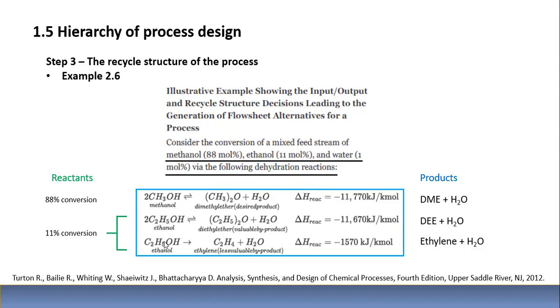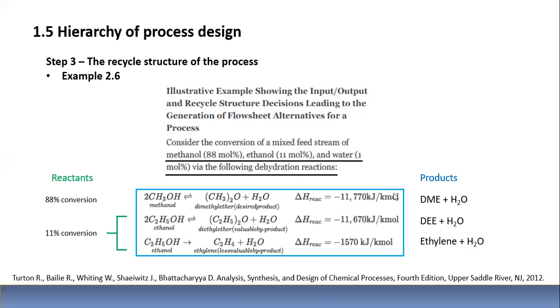Also, the ethanol reaction produces ethylene, which is a less valuable byproduct. The change in enthalpy of the reaction is minus 1,570 kilojoules per kilomole. In these two reactions there is an 11% conversion, and in the first one there is an 88% conversion.